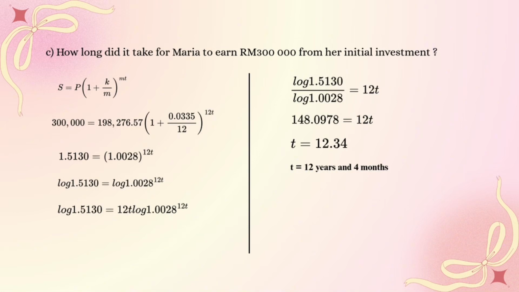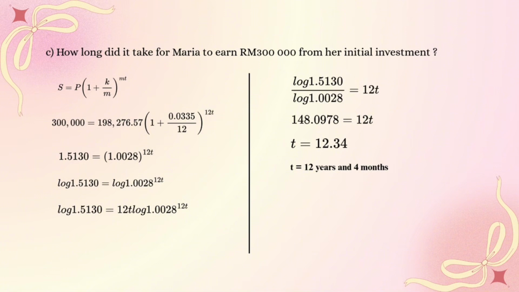From the information given, we know that S is 300,000 ringgit and P, the present value, is 198,276 ringgit 57 cents. For the annual interest rate, or k, it is 3.35%, and we turn it into decimal, 0.0335, and the money invested in the account is compounded monthly, so m equals 12, and t is the number of years we want to find.